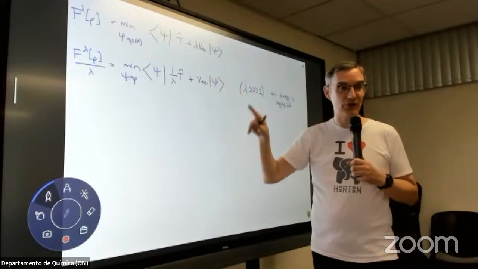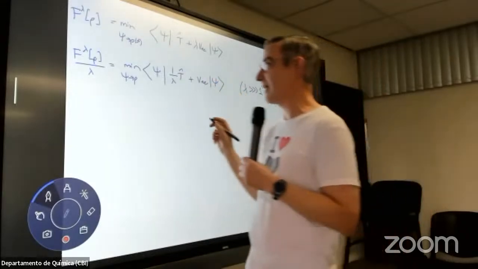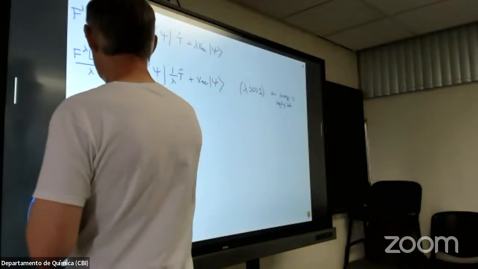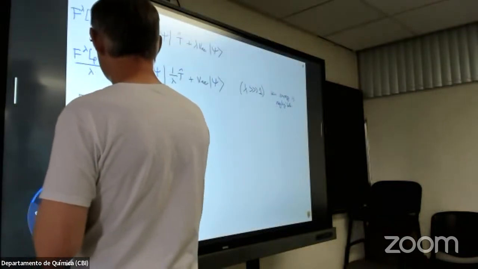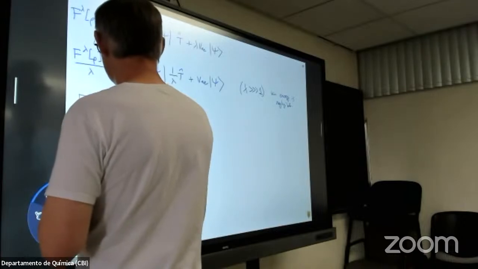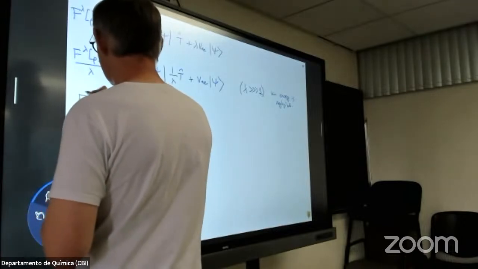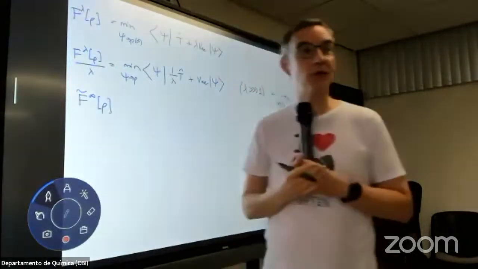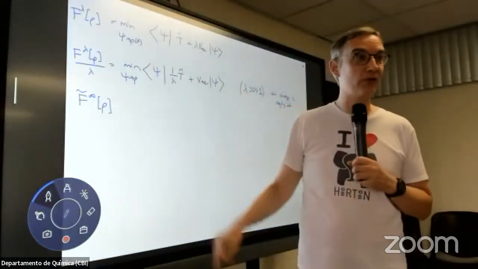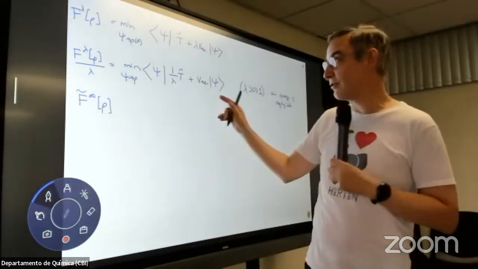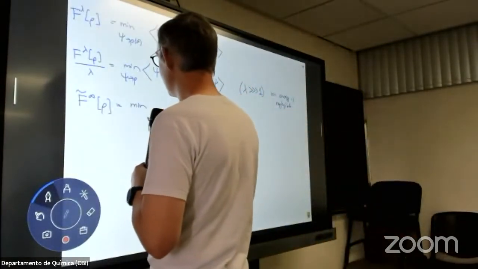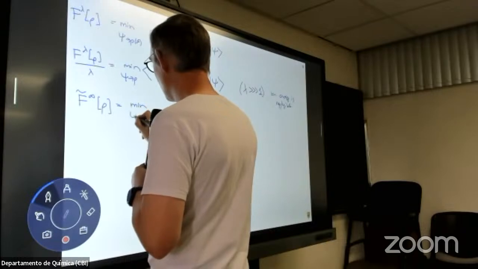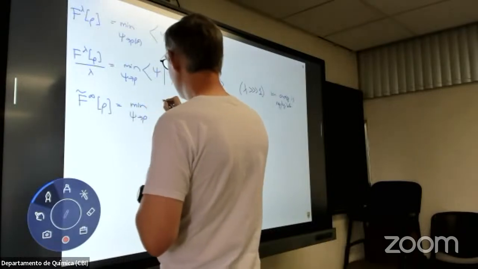Okay. So now I want to just rephrase this as a classical problem. So we're going to call this maybe f tilde infinity of rho. I'm just going to take the limit as lambda goes to infinity. The kinetic energy is now gone. I have minimum over wave functions psi that give the density.